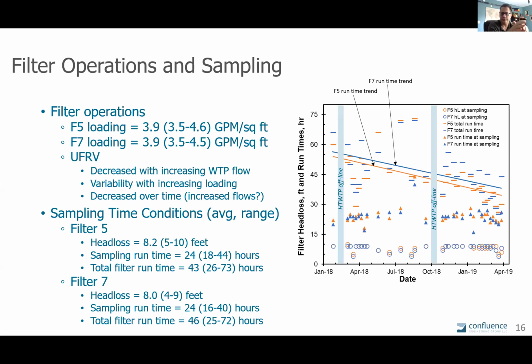The last thing, at the top, shows the total runtime. Those dashed lines are the total runtime of the filters, and they decrease from left to right. That was because of operating conditions and how the filters were taken in and out of service later in the year and at the beginning of 2019 compared to the beginning of 2018. So it was an operating condition at the plant, not something happening because of a biological impact on the filters.